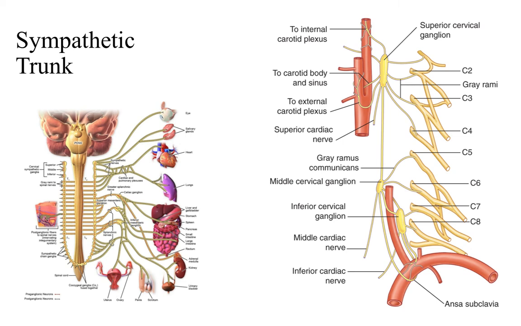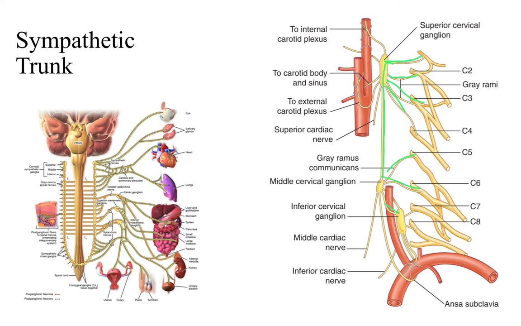Notice how branches from the cervical spinal nerves are going into the ganglia that make up the sympathetic trunk. So you're going to have branches coming from these rami of the cervical spinal nerves that are going to help make up the trunk. It's coming from C5, C6, so all of them.